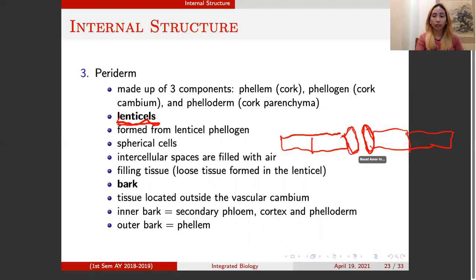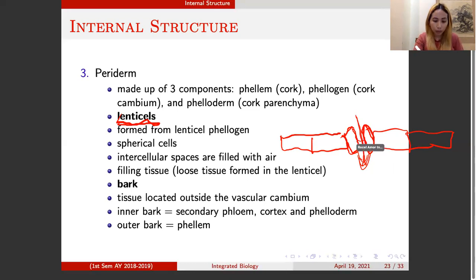And these are lenticels. No? They're not stomata. They are lenticels. Okay? So these lenticels form these intercellular spaces. Okay, so itong intercellular spaces na to, yeah, it facilitates a movement of air, basically.